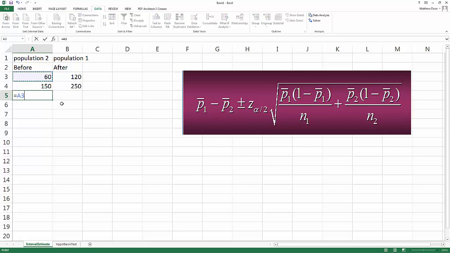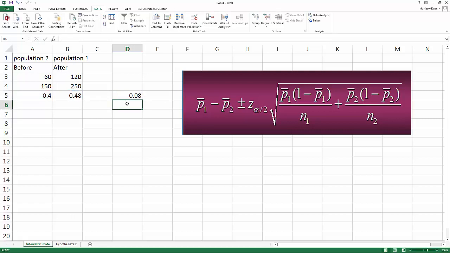So to get the proportion, we take the aware out of the total. All right, so before it was 40%, after 48%. So the point estimate, which is this part right here, P bar 1 minus P bar 2, is 0.08, which is what we got.